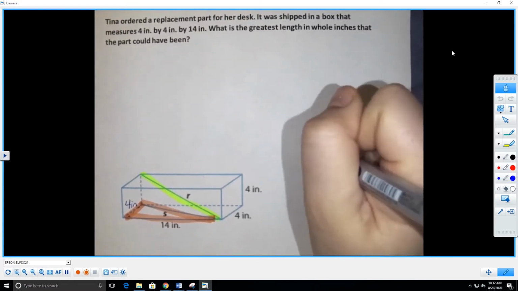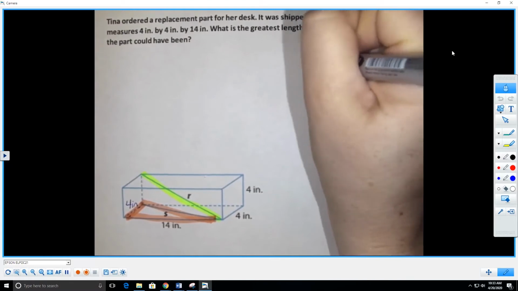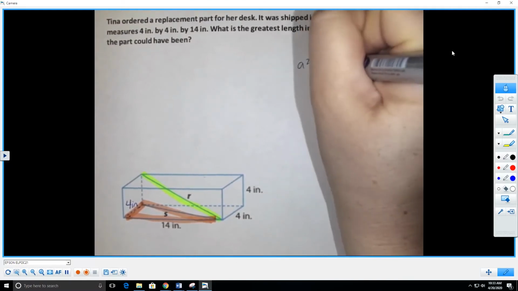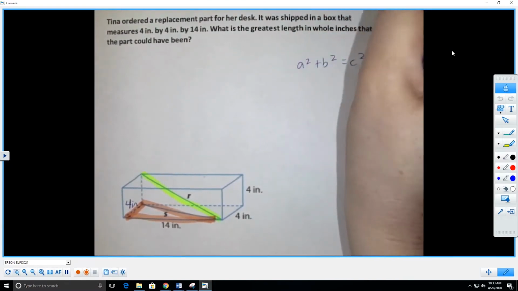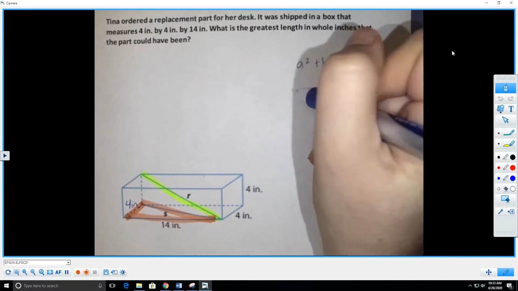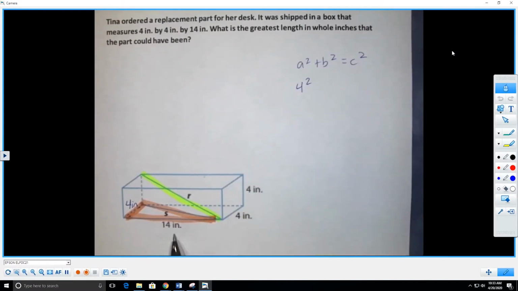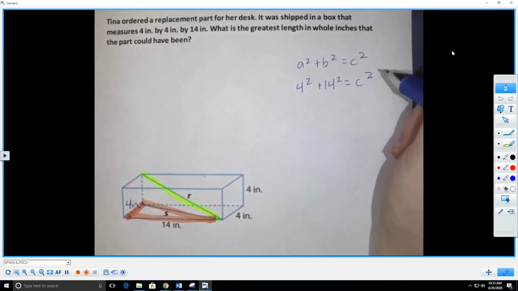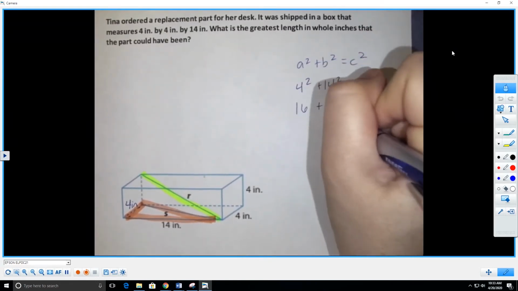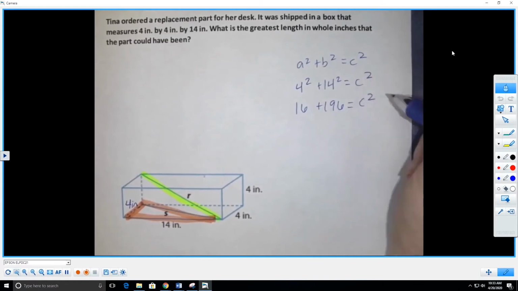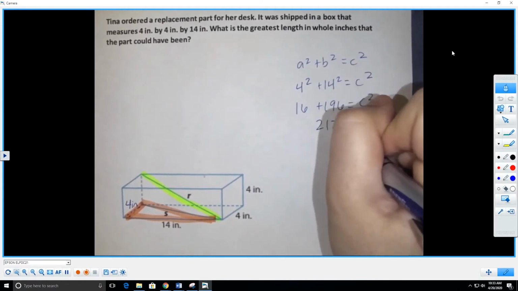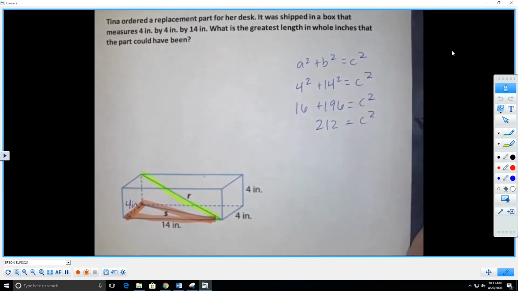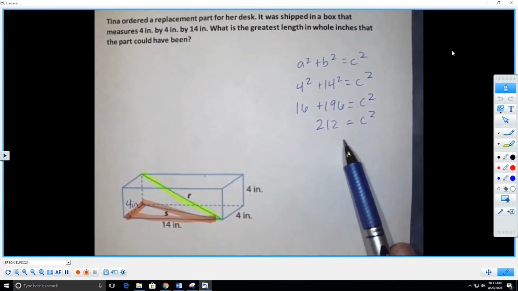So I'm going to start up here. A squared plus b squared equals c squared. I've got a leg length of 4, a leg length of 14. 16 plus 196 equals c squared. 212 equals c squared. To solve it from here, you're going to take the square root of both sides.